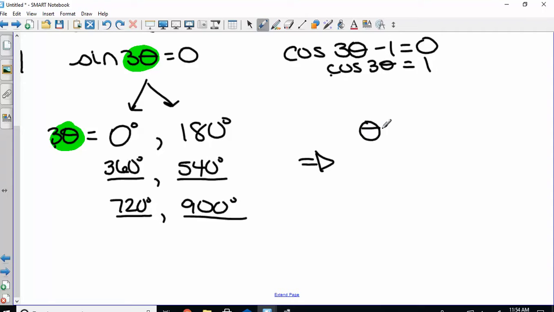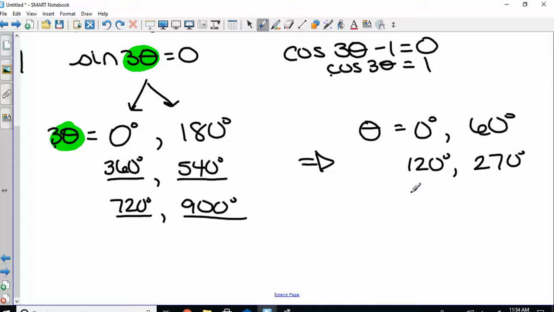So theta equals 0 and 60, 120, and 270, 360, and 450. No, I started dividing by 2, didn't I?